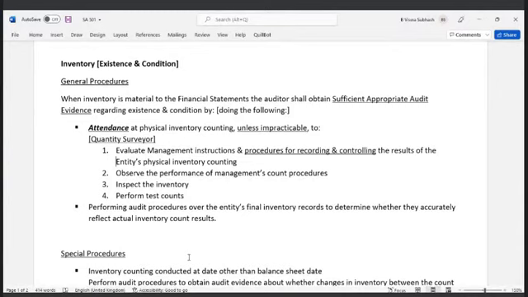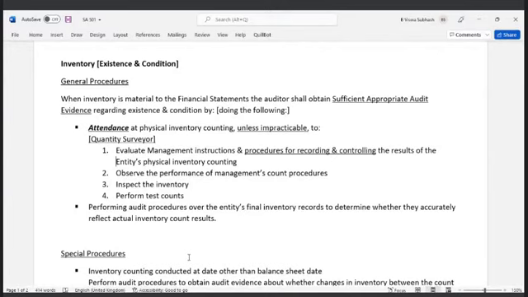Pharma, FMCG, where there is a lot of inventory, but everything moves very fast. Those places it becomes a little difficult to do this physical verification. So in those cases, or in all other cases where attendance is practical, go there, and this is what is expected of you.